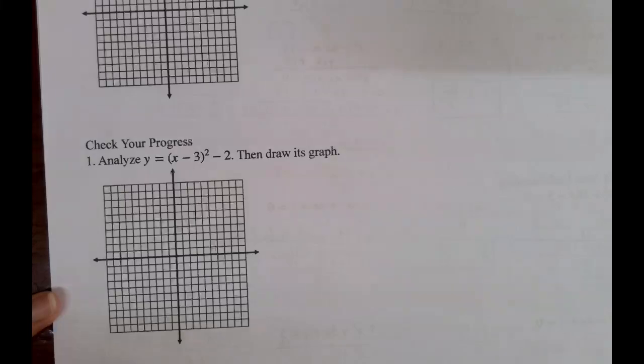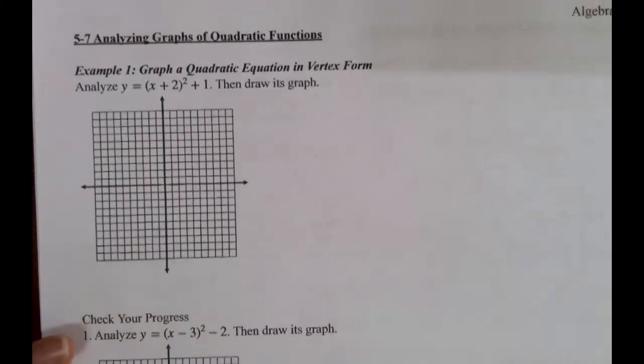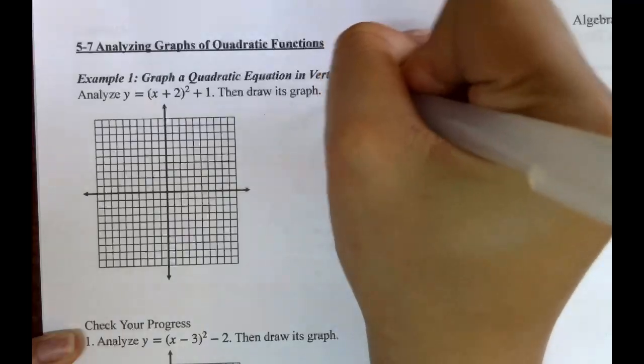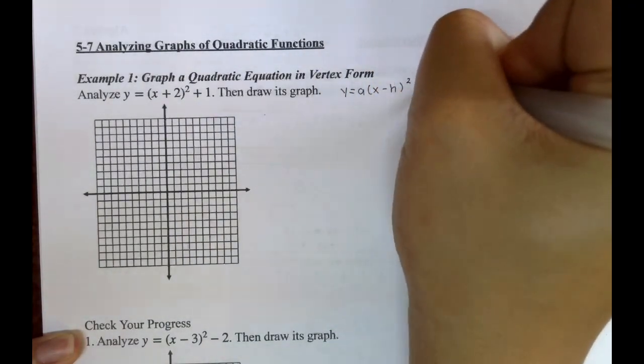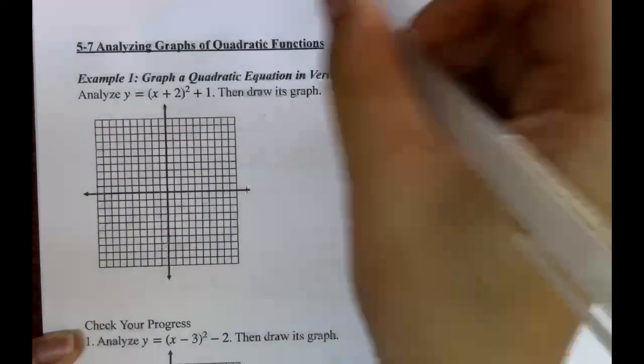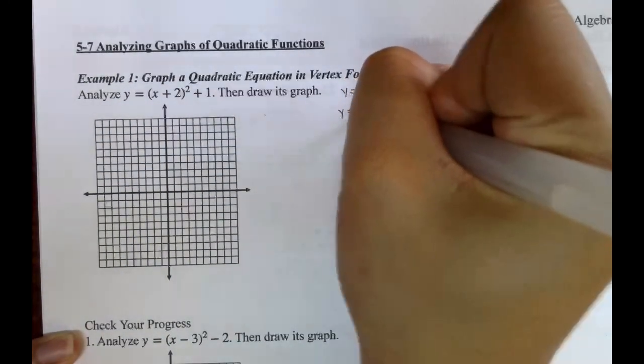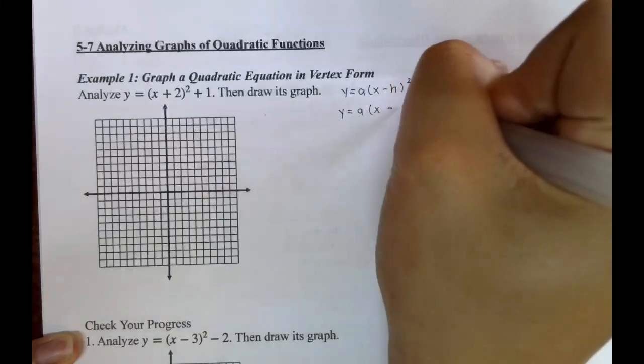So here, what we're going to note is that this is really y equals a times x minus h squared plus k. So this in our vertex form is really y equals a times x minus negative 2.